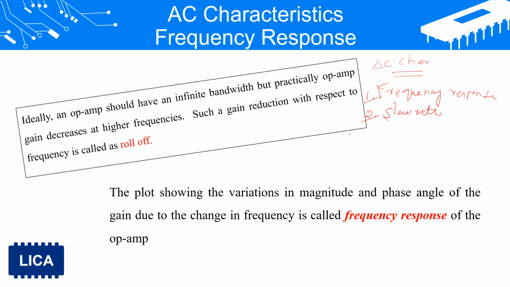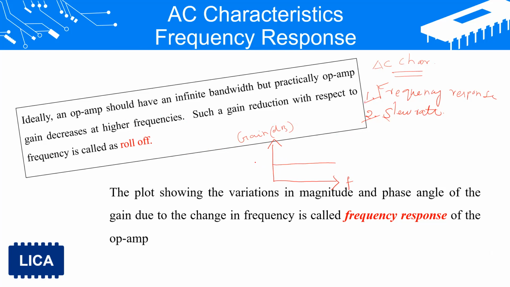First we will discuss frequency response. For an ideal op-amp, please consider this: this is frequency, and the y-axis is gain in dB. For an ideal op-amp, the frequency response is like this.